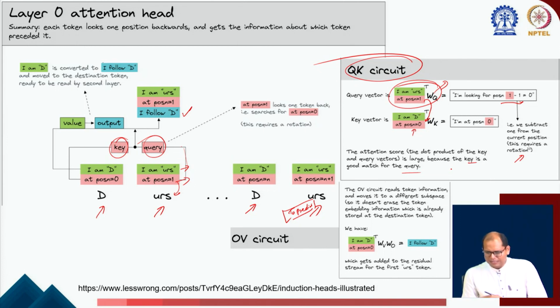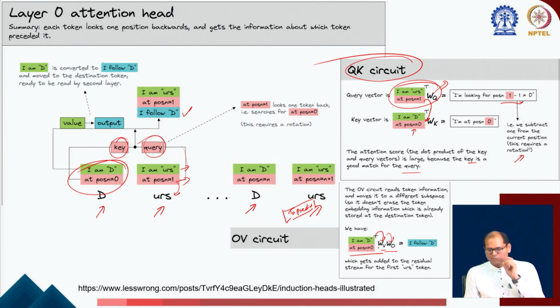Now, what will the OV circuit do? The OV circuit will read information from the key: I am D at position n equal to 0. It multiplies with the WV matrix to get the corresponding value, and then the output matrix determines the final thing that I am going to write. Because you have a high attention, you are reading from here, and what you write is very interesting.